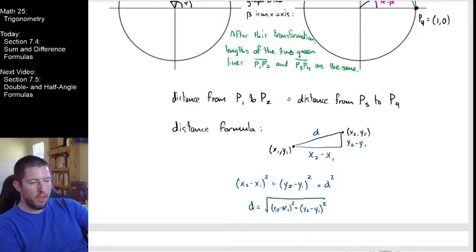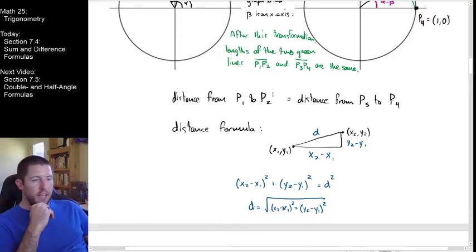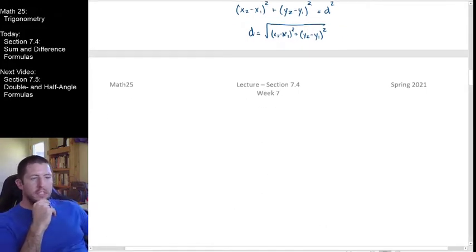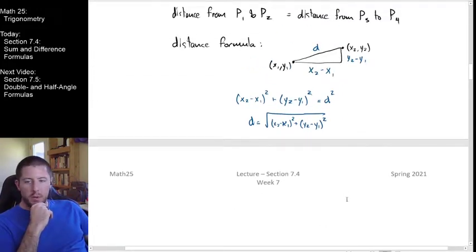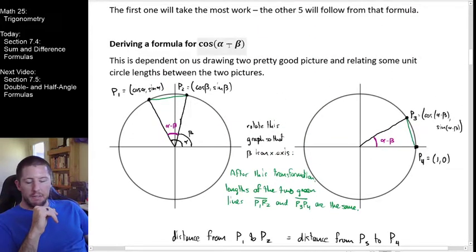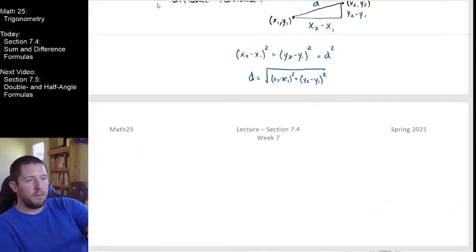Take the square root of the whole thing. That distance formula is going to be kind of our key for this. So now let's do our distance formula between the two, set them equal to each other, and see if we can come up with a relationship that's going to help us identify what cosine of alpha minus beta is. That is the thing we're going to see pop out from this conveniently. So let's go ahead and do this.